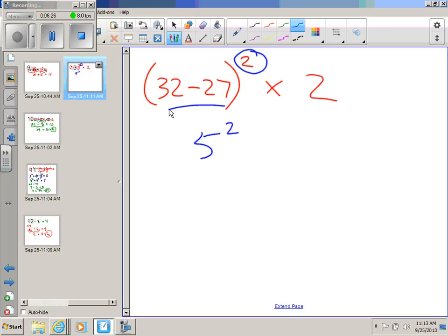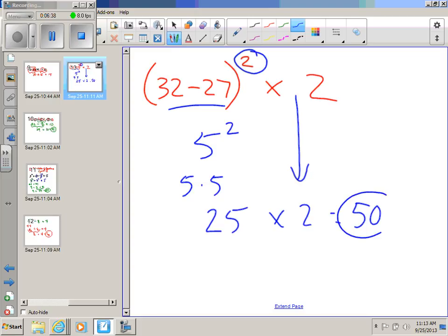What is 5 squared, Maya? And then bring down the times 2. 25 times 2 is 50. Yes?